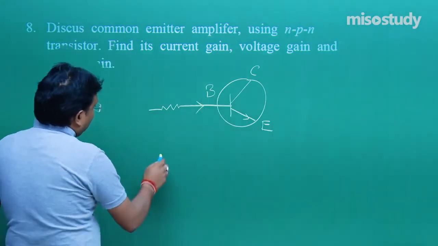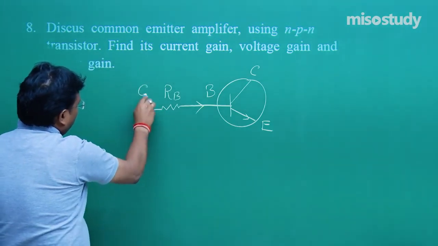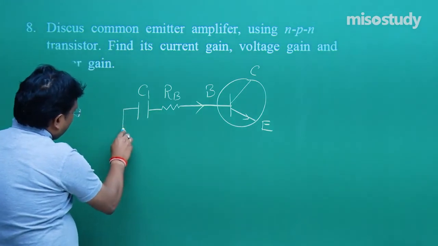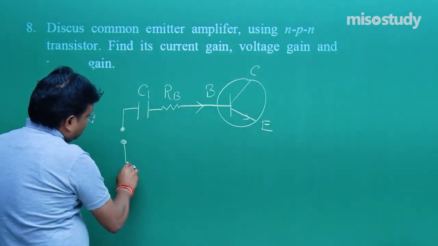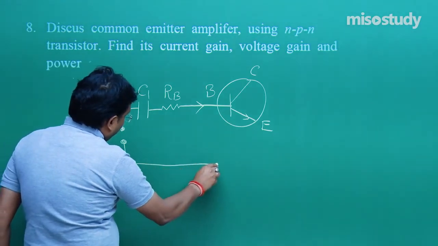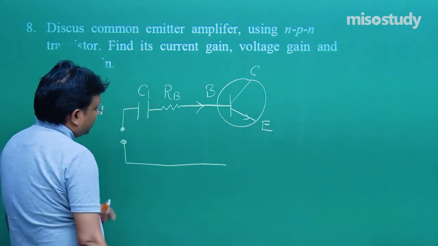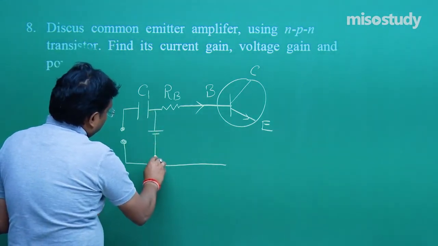Then this is RB, then you have one capacitor, the name of this capacitor is let us say C1, then over here it is input. And from here one source is also connected like this, fine.